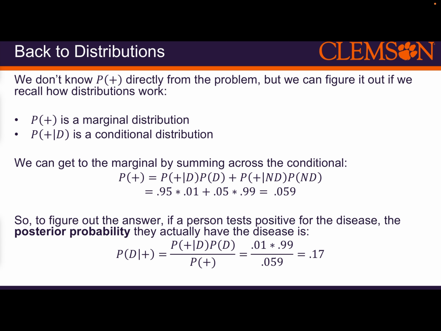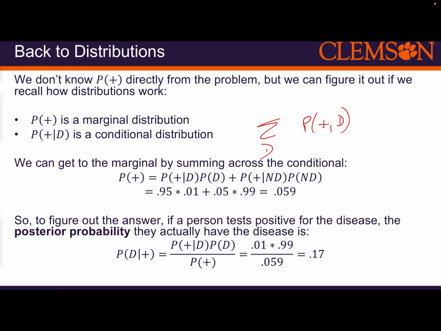But the denominator takes a little bit more work. We have to think about what a marginal distribution actually is. We can get the marginal by summing across the conditional. Remember, if we have the probability of positive and disease, we could sum across the disease part of that and get to our marginal.